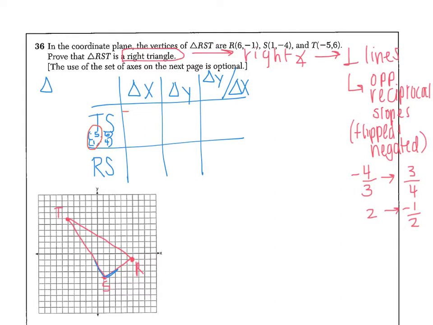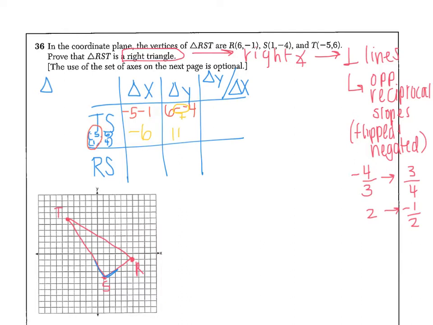So now I have -5 take away 1. And for Y's we have 6 minus -4. So now when we actually do the calculation for change X, we have -5 take away 1 more. That's -6. And then here for change Y, we have a double negative in the middle, which then turns to positive.